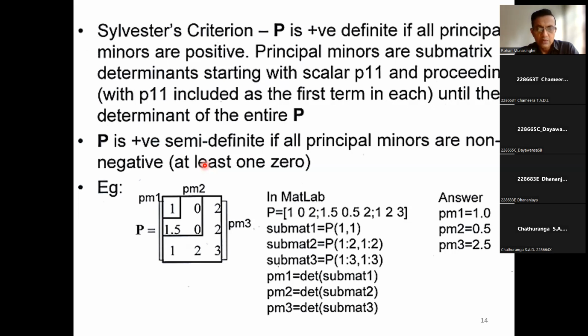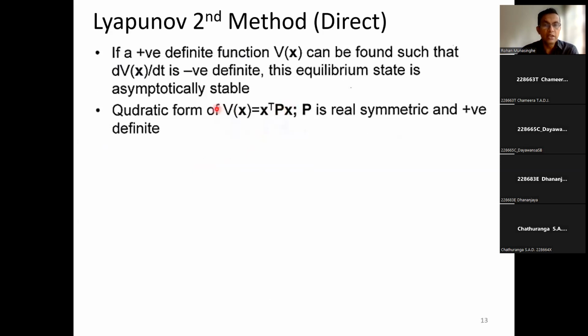Once you calculate the eigenvalues of a matrix, if all the eigenvalues are positive, the matrix is positive definite, right? Now the P here has to be positive definite. Otherwise, you can't take this V(x) as your energy function, because Lyapunov needs an energy function. So for your V(x) to be an energy function, this P has to be positive definite. You can't just put anything there, right?